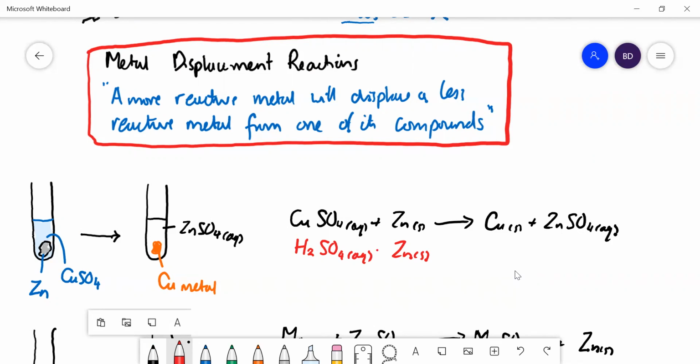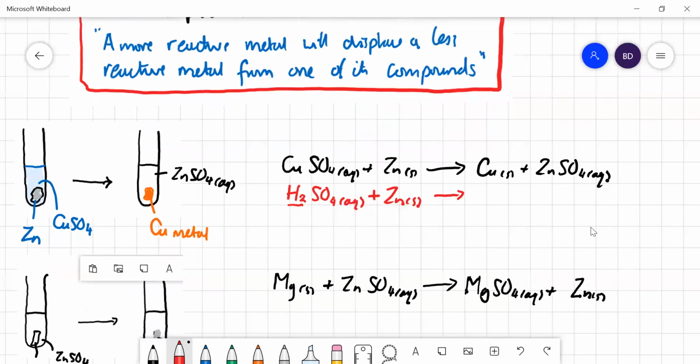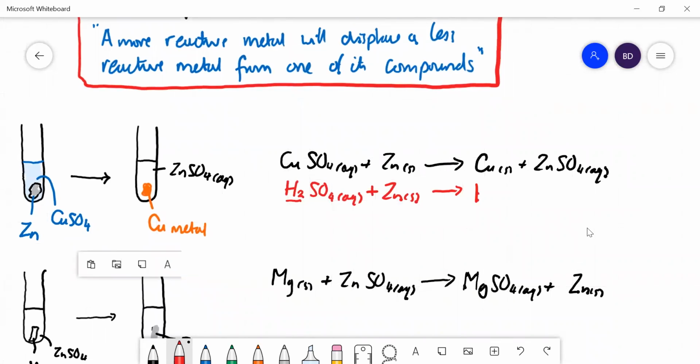And can the zinc displace the hydrogen? Well, it can, because it's more reactive than the hydrogen, and so you'll get hydrogen gas, and also you will get zinc sulfate solution.